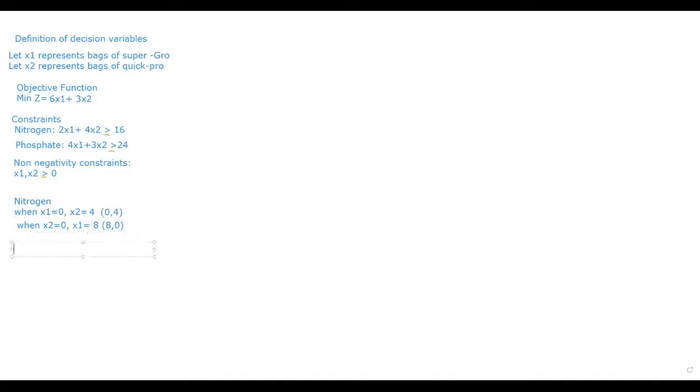Let's move on to the phosphate. When x1 is 0, what is x2? So 4 times 0 plus 3x2 greater than or equal to 24. The first term is 0, so you just divide both sides by 3, because you want to know the value of x2.